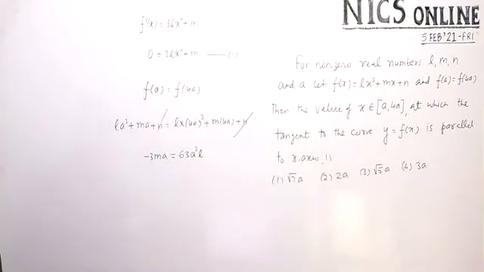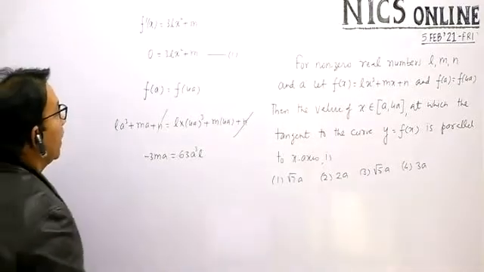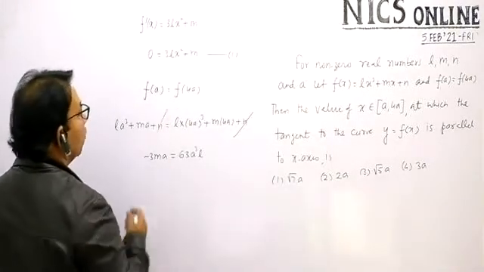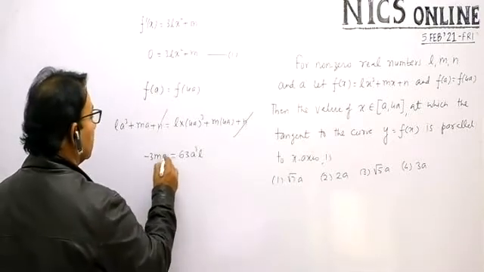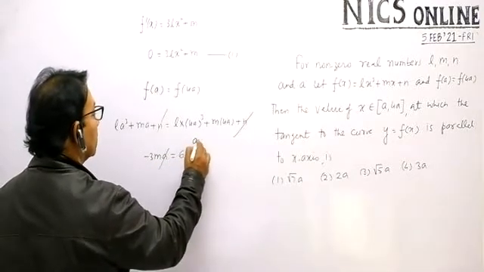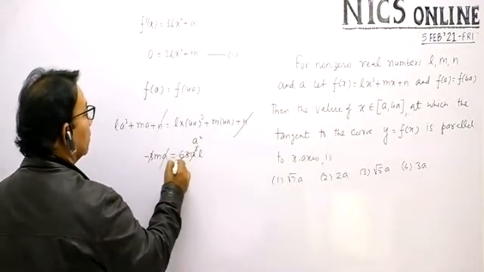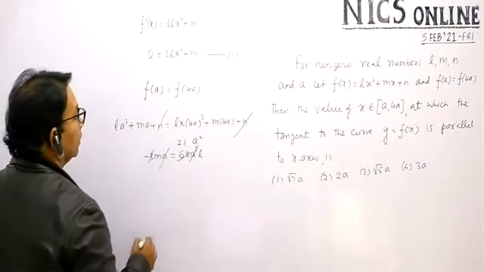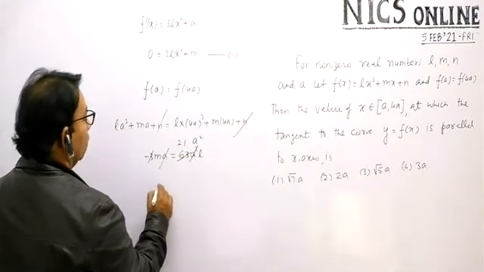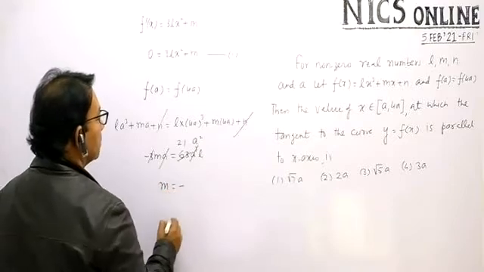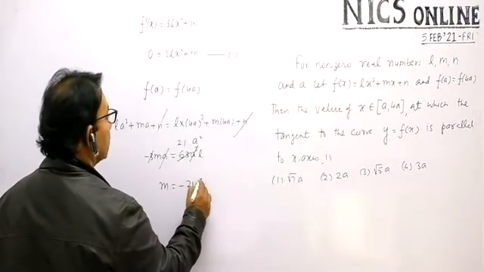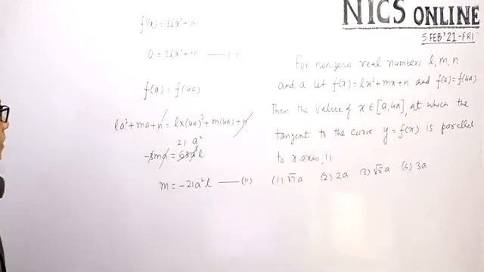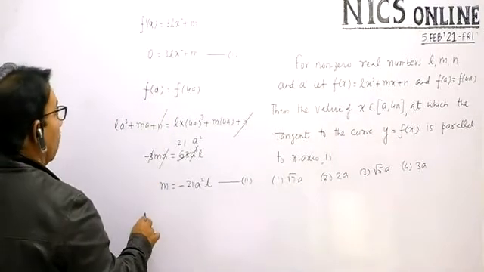Right, guys? Then you can substitute the value of m if you want, or l if you want. Let's further simplify this. This cancels out. This is 21. As such, the value of m is minus 21a square. You can substitute this in equation 1.